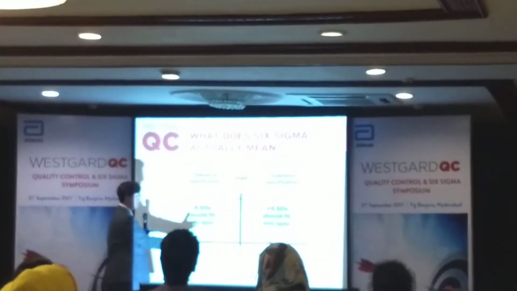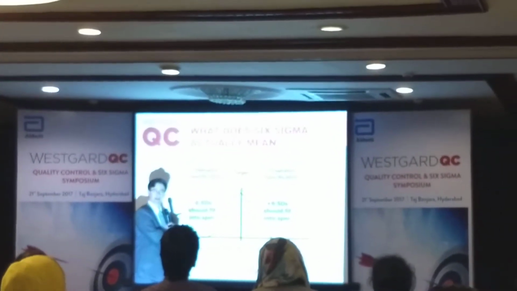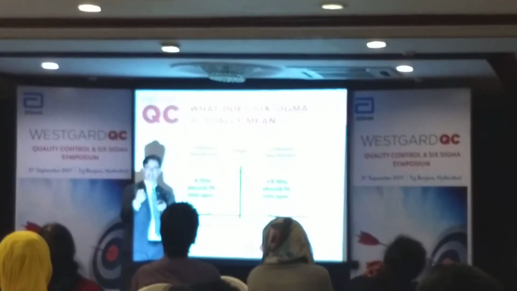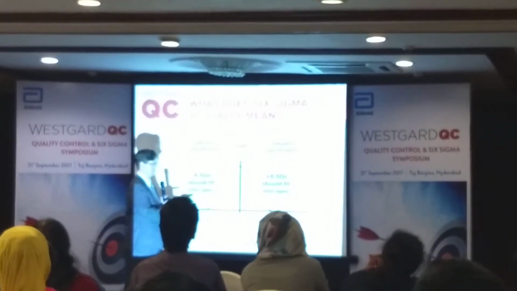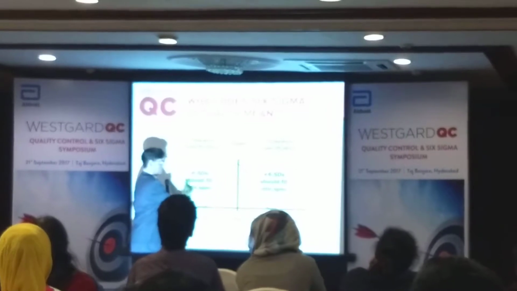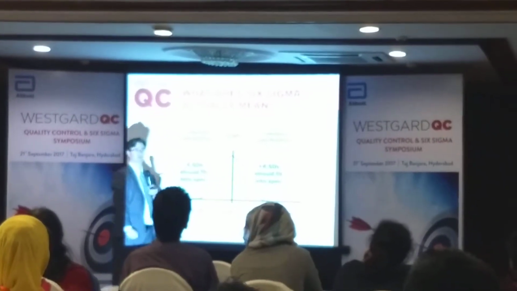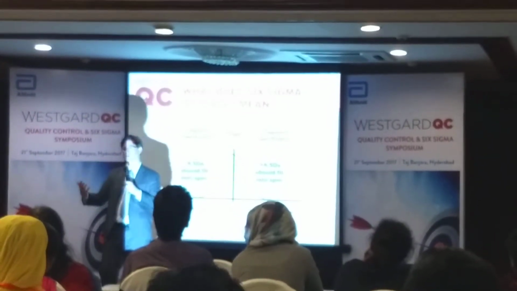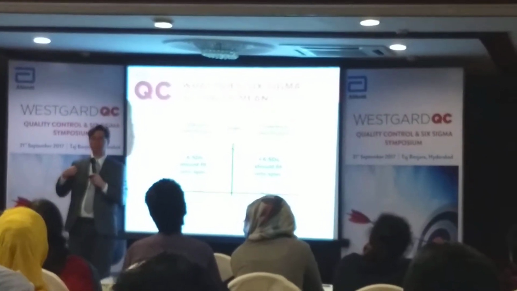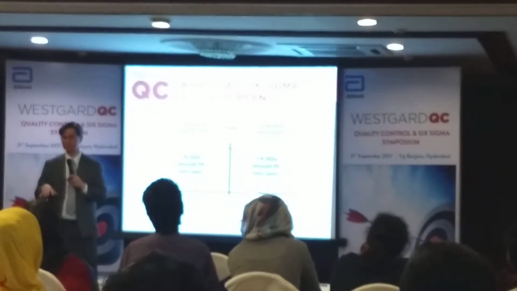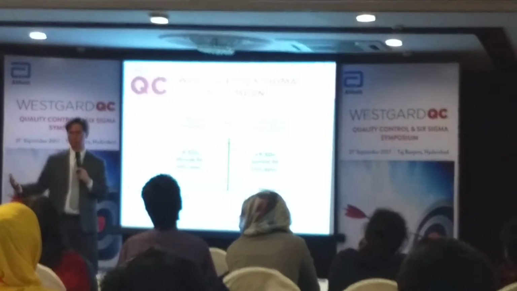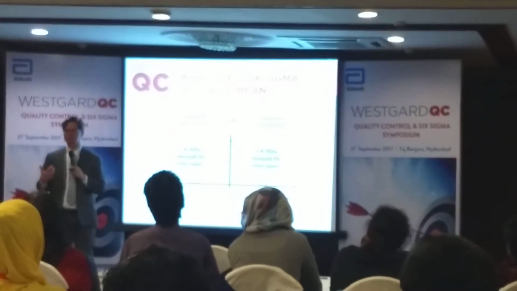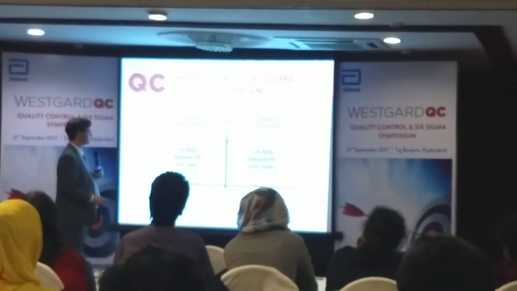And the theory is if you can squeeze down your variation so that 6 SDs will fit between the true value and the tolerance limit, then that's when you know you will only have less than 4 defective results out of 1 million outcomes. That's where 6 comes from Six Sigma.